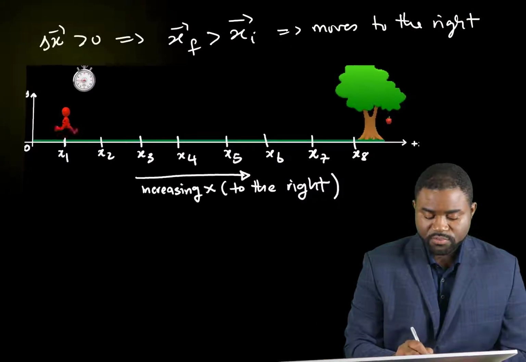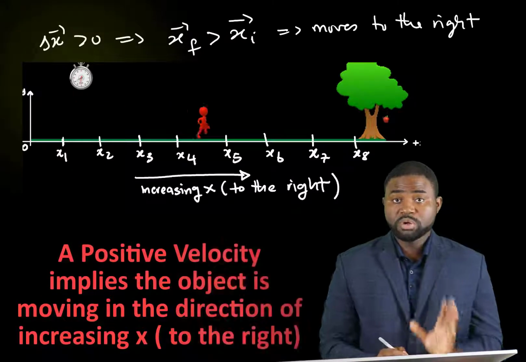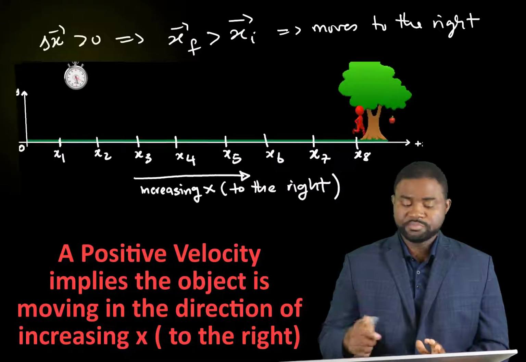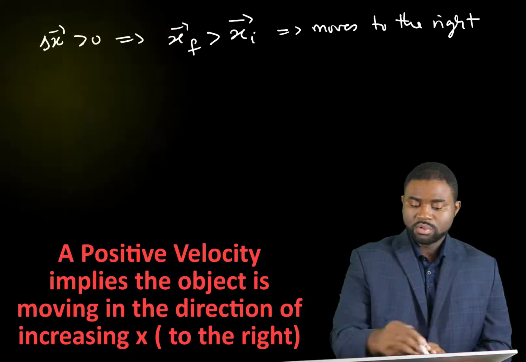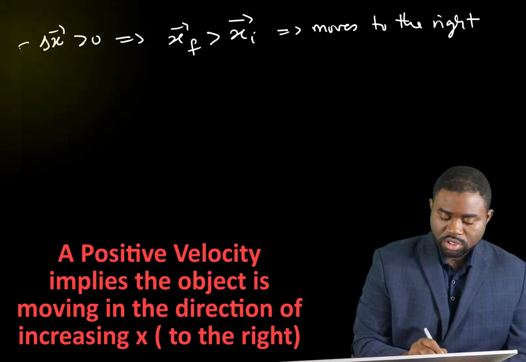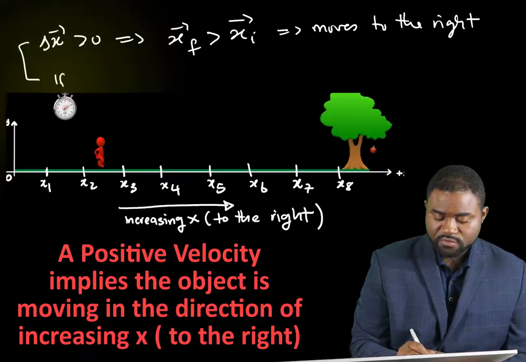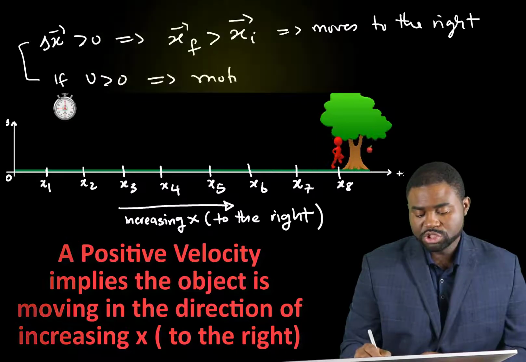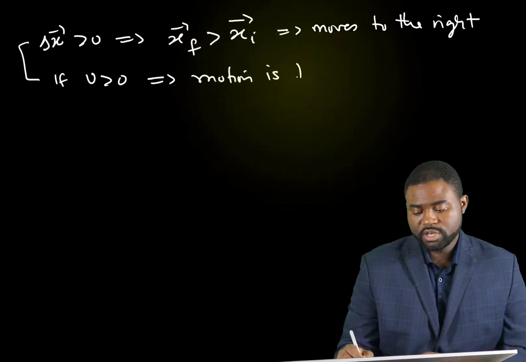This implies that a positive velocity means that the object is moving to the right. So the logical conclusion is that if v is greater than 0, the motion is to the right.